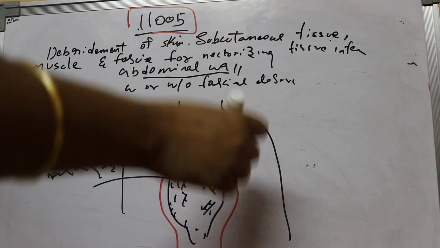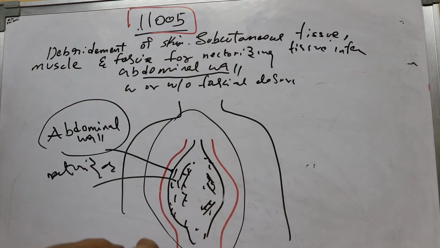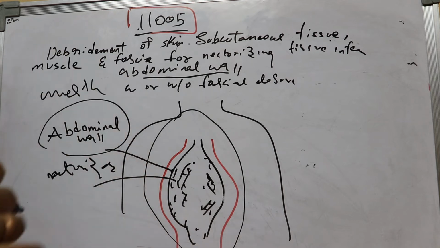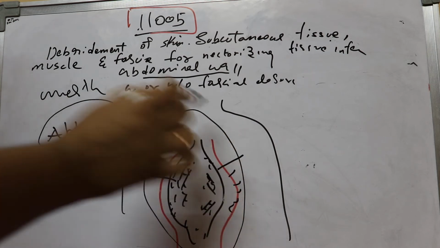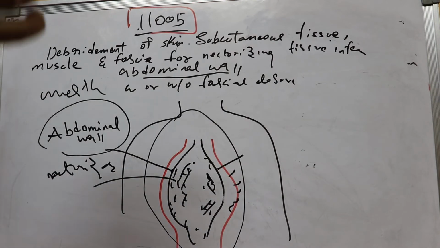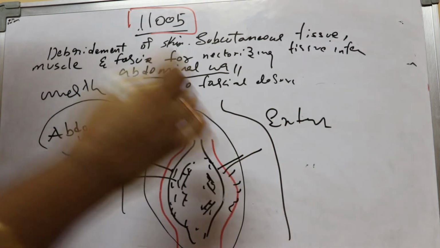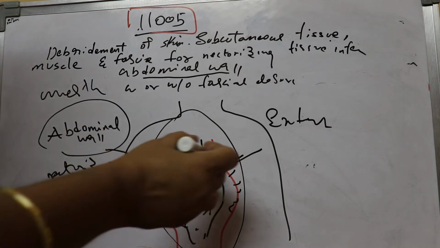First he will prepare the patient, give the anesthesia, and then evaluate the extent of the necrotic tissue in the abdominal wall. He will see to what level the dead cells are there in the infection. Then he will resect and debride.